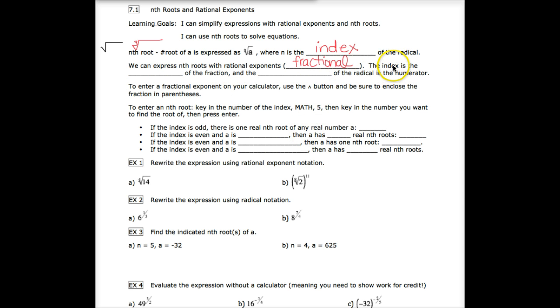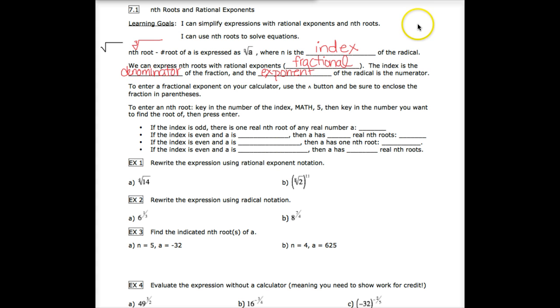When you are writing an nth root in fractional exponent form, the index is going to be the denominator of the fraction, and the exponent of the radical is going to be the numerator.